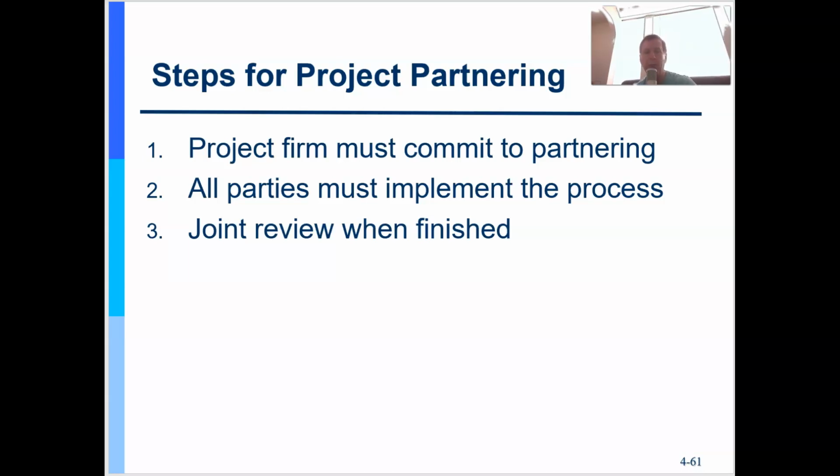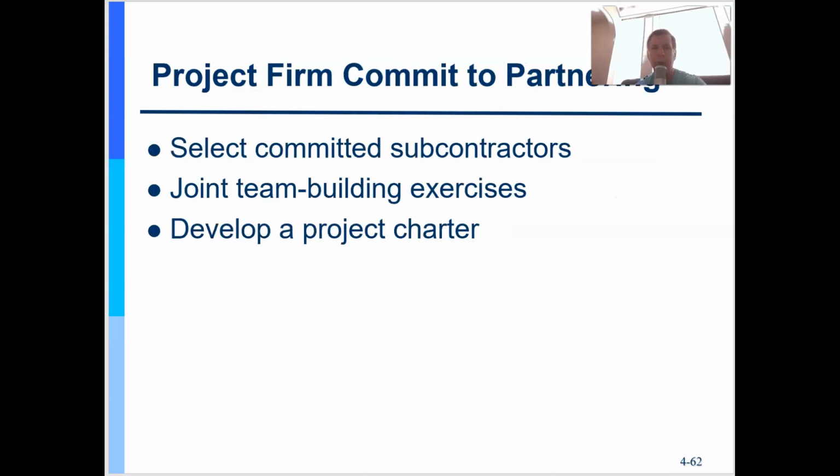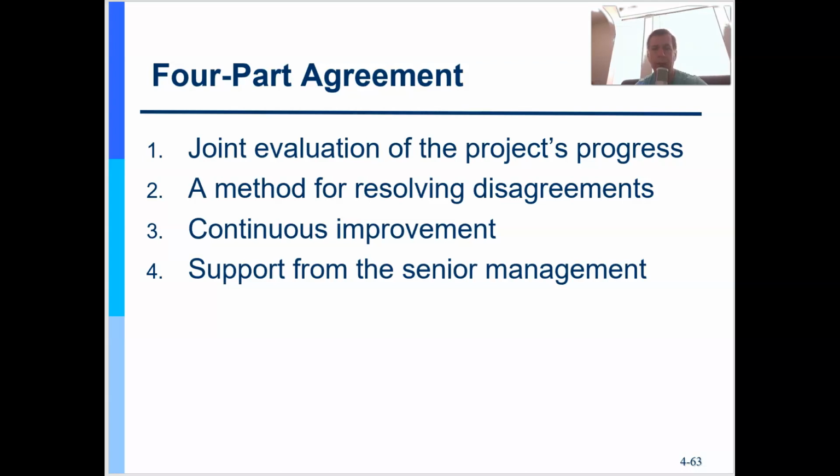So steps for that would be the project firm commits to the partnering, then all parties are going to implement the process together and do a joint review, etc. Now, you can even set up a committee to address issues along the way, right?